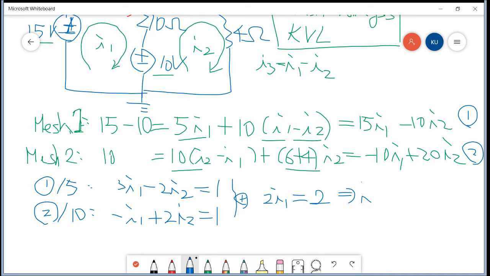So I1 is 1A, I2 is one half of 1 plus I1, so one half of 1 plus 1, so also 1A.